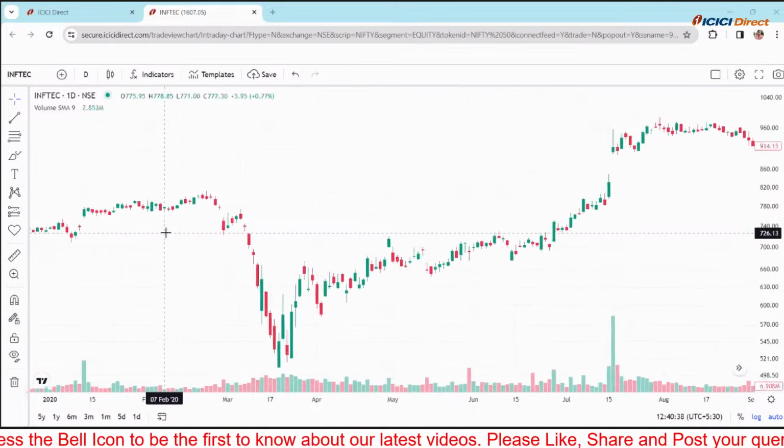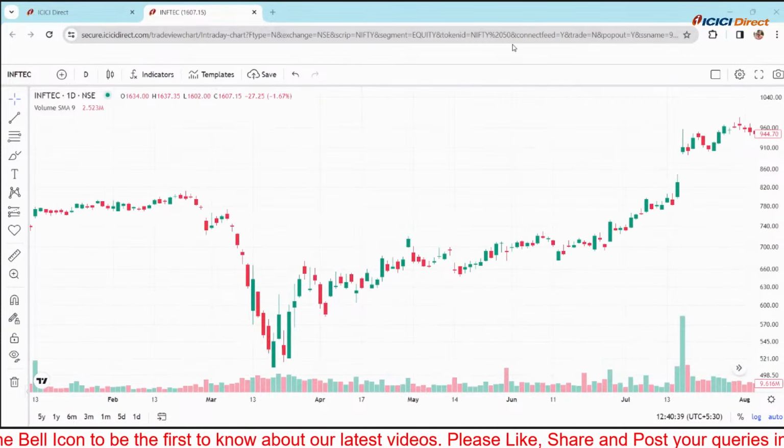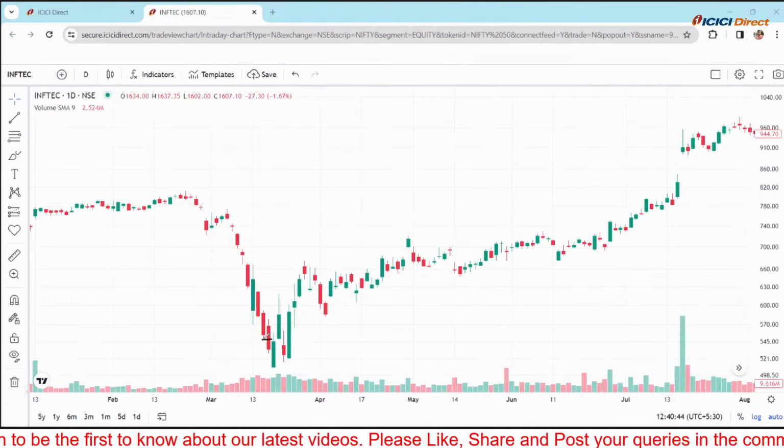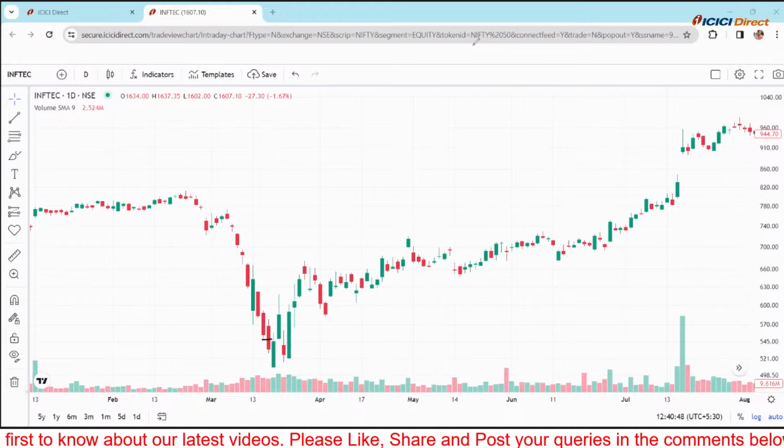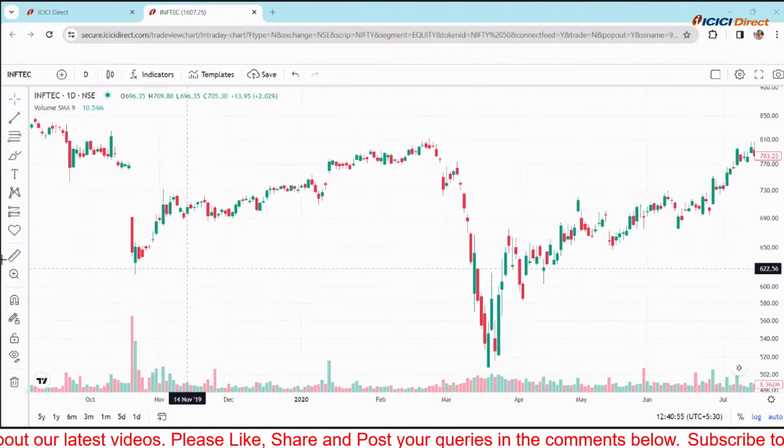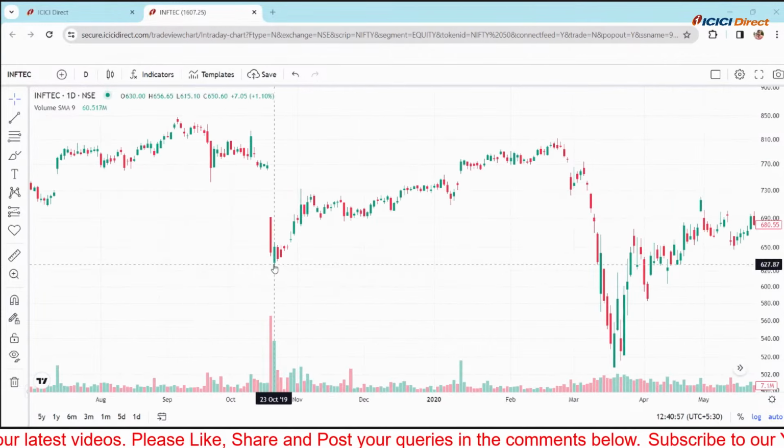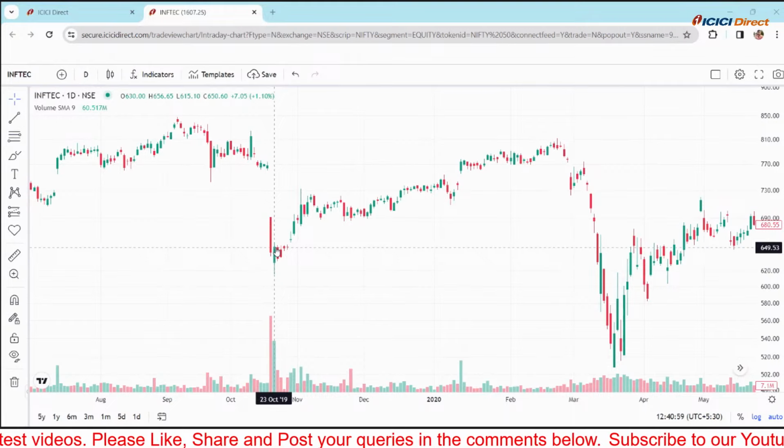Okay, this could have been a piercing, guys, but I think 50% is not taken out here, so this does not qualify as a piercing. But even Infosys is not giving us piercing, so I'll take one last chance because there was a whistleblower thing that happened in Infosys. No, even here we are not seeing piercing.